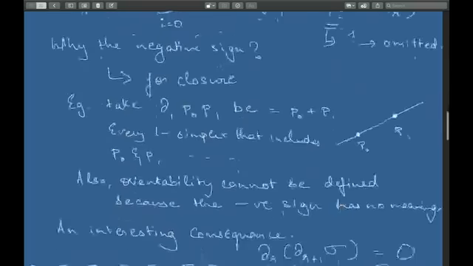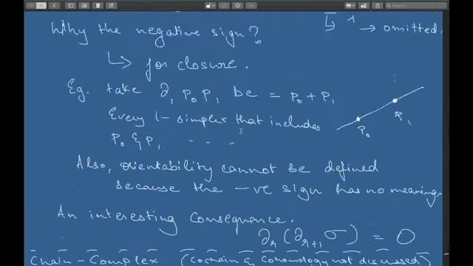So it happens to be that if we take the differential to mean p1 plus p2, then logically every simplex that includes p1 and p2 is a straight line, and you don't have any structural meaning for p1 plus p2, right?